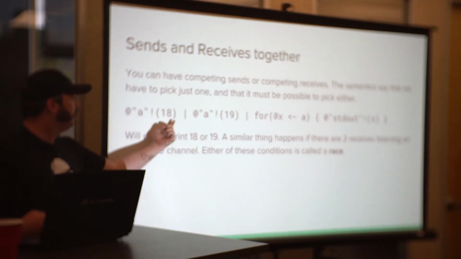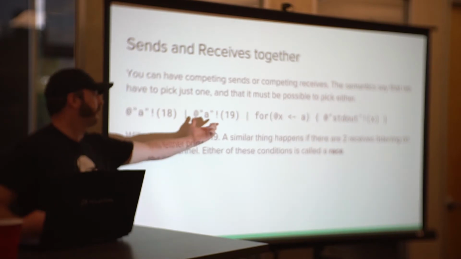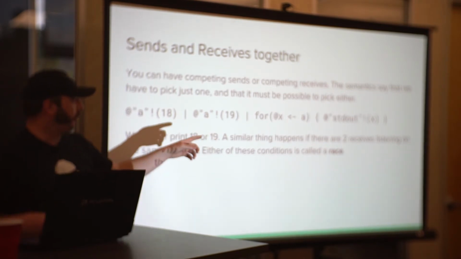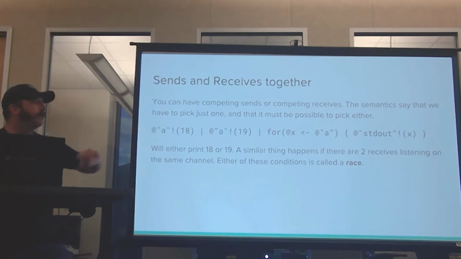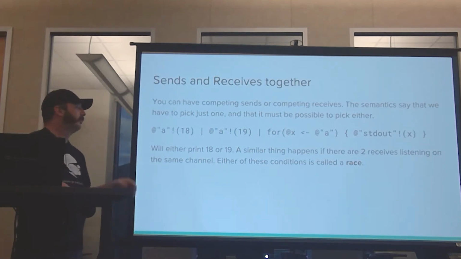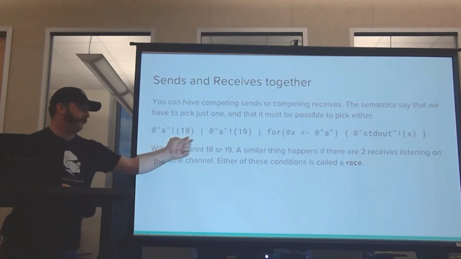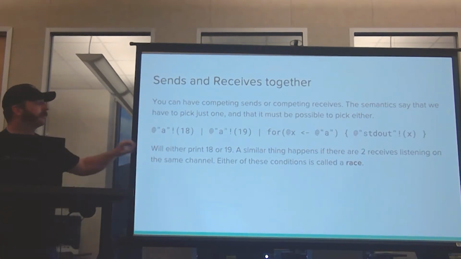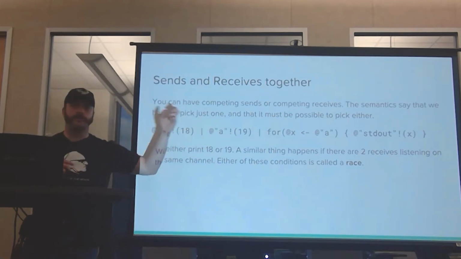So we have a send on A running in parallel with a send on A, running in parallel with a receive on the channel A. If we were to execute this, it will either print 18 or 19. And unfortunately, I think it will just pick one of them. It shouldn't, but it does. I've got to figure out why. We call this a race. A similar thing would happen if there were one send and two receives.